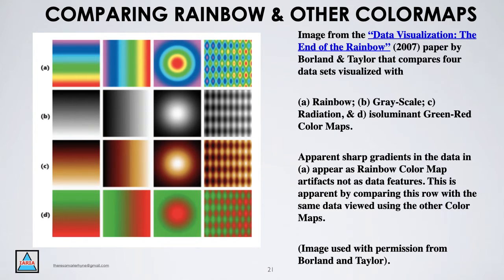This is what I mean by artifacts that were put in there because of the color map that you chose, rather than because of the data itself. This slide, by the way, came from Borland and Taylor, who did one of the early papers in 2007 about data visualization, the end of the rainbow, and how people still continue to use the rainbow color map.